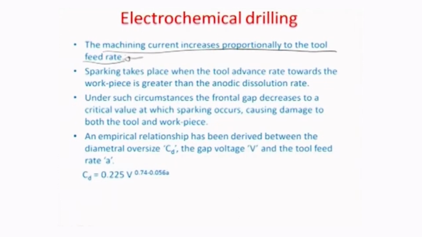If the tool approaches the workpiece at a higher speed, the machining current would be more, because the amount of field which is created is inversely proportional to the tool electrode gap, and as this gap is reducing in a faster manner, thereby meaning the tool is approaching faster to the workpiece, the amount of increase in the electric field because of that approach also is more, and subsequently field and current density are connected by an equation J equals field times K, where K is the conductivity.